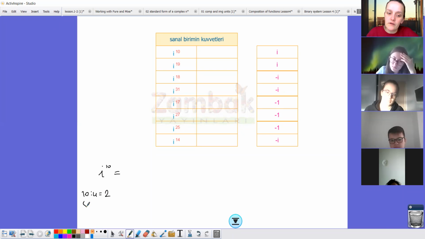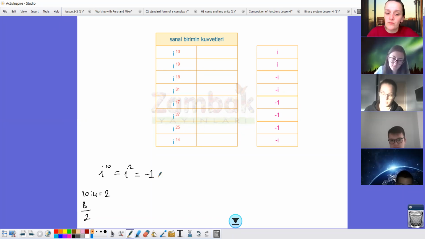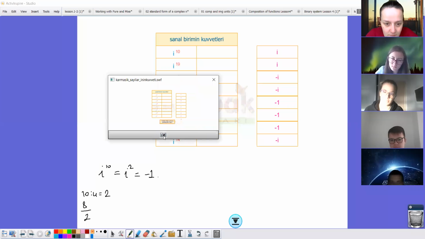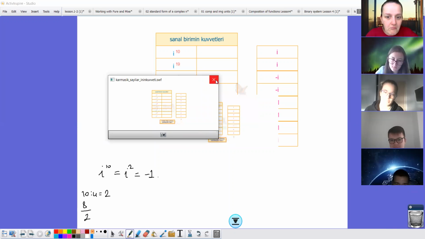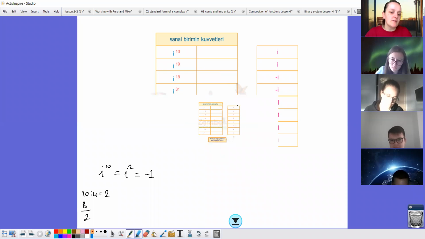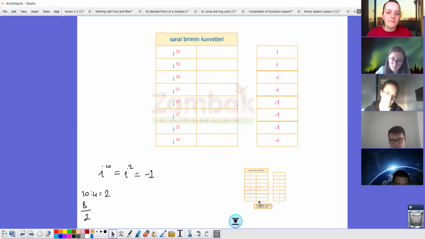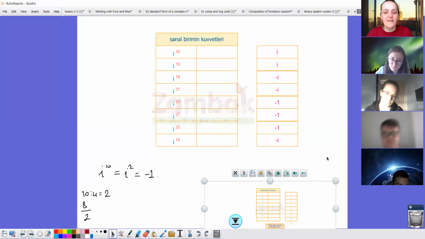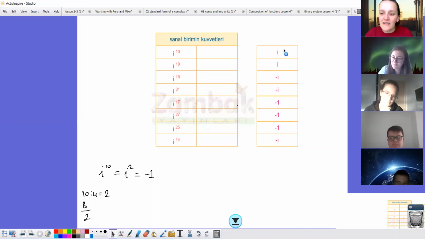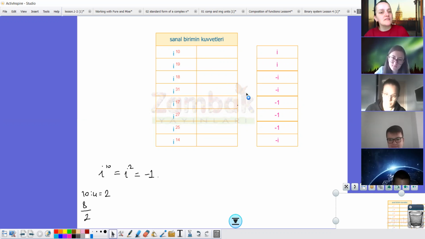So i squared is equal to minus 1. You said i. Teacher, I saw the table, so I thought they are the results. Normally I need to take one of them and put it here. If it is correct, it stays. If it is not, it doesn't work.